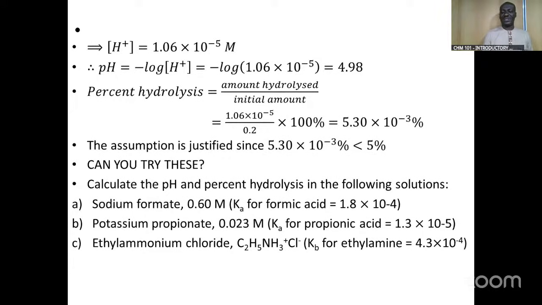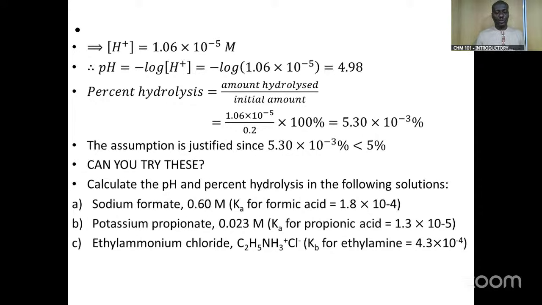Then, of course, the percent hydrolysis is very, very small, 5.30 times 10 to the power of minus 3 percent. With these two examples to illustrate the concept of hydrolysis, I strongly believe that if you see any question on such a concept, you'll be able to provide an answer to it.